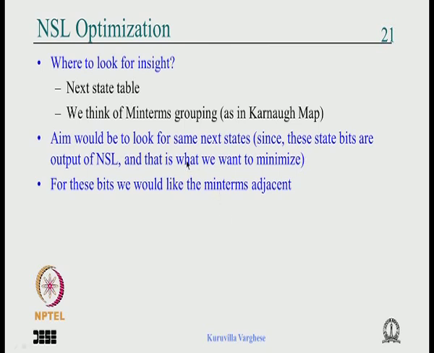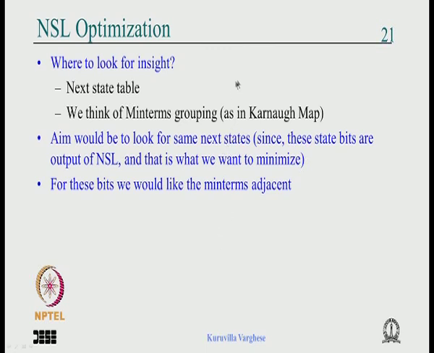We would like to look for the same next state. In the next state table we have input, present state and the next state, and we are trying to optimize the implementation of the next state. So look for the same next state bits.